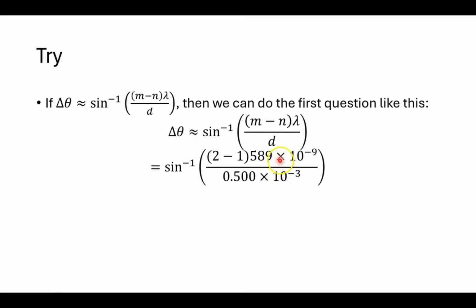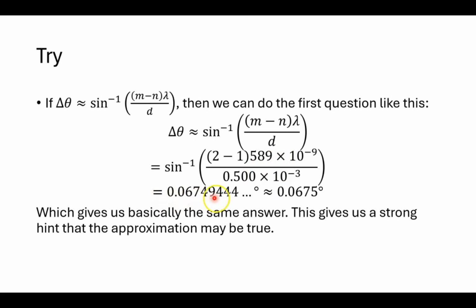After you punch this simpler equation into a calculator, you will get this. The last several digits are a bit different, but if you round it to 3 significant figures, it's basically the same answer. And because the numerical values of the 2 answers are basically the same, this gives us a strong hint that this approximation may be true.